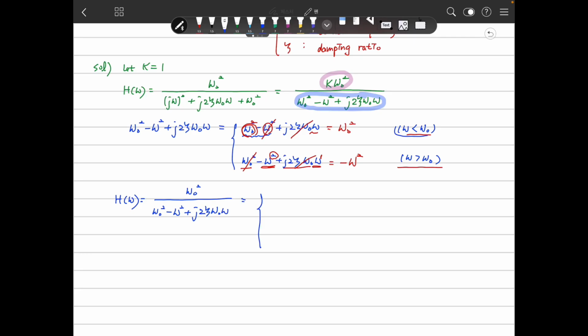When omega is smaller than omega 0, it will be 1. When omega is larger than omega 0, it will be minus omega 0 square over omega square.